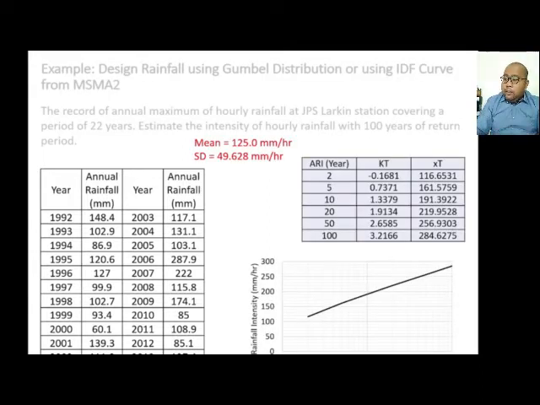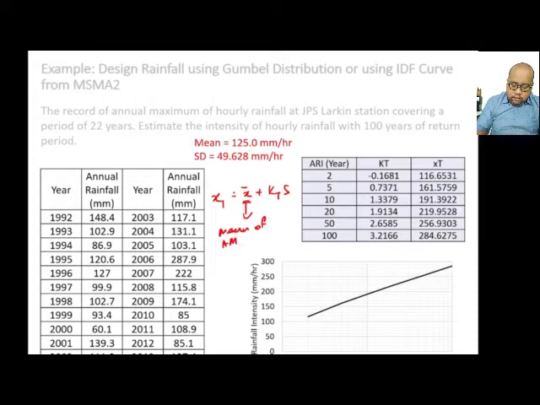Based on the Gumbel distribution, we have this formula, which is xt equals the mean plus the coefficient times the standard deviation.